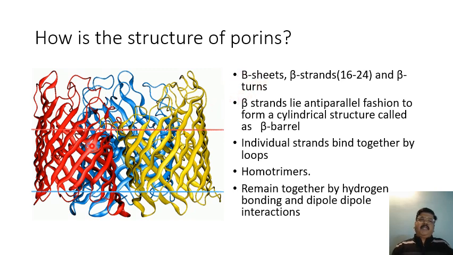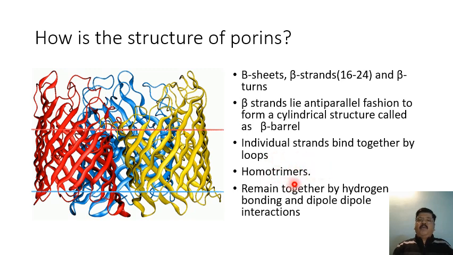You can see beta sheets, then beta strands. Individual is a beta strand, and about 16 to 24 such beta strands are found in the porins, and they are arranged in anti-parallel fashion to form a cylindrical structure called the beta barrel structure, and individual strands are bound together by loops.